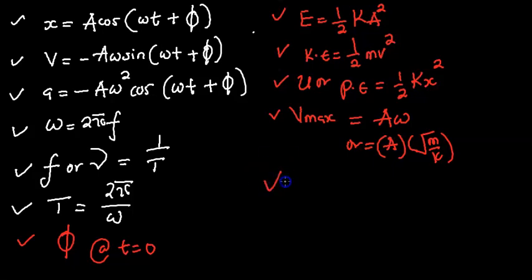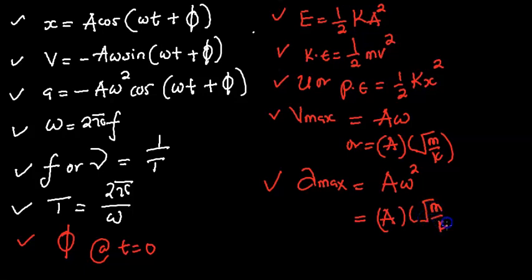Next thing we have on the list is the maximum acceleration. Maximum acceleration is denoted with small letter a, then max, which is equal to A multiplied by omega squared, which is the same thing as saying A into bracket of square root of what? M divided by K to the power of 2.